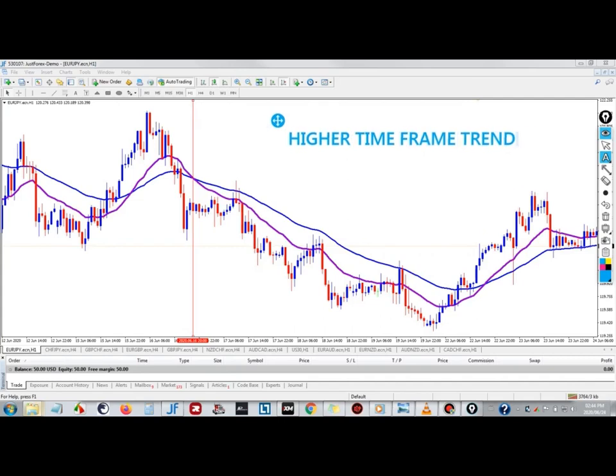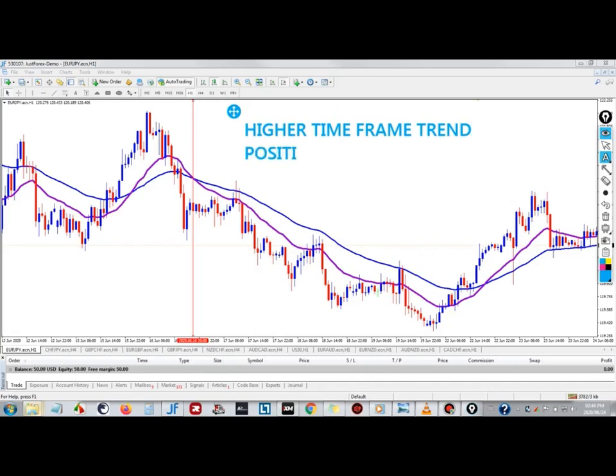You must make sure that you know the higher time frame trend. What else do you want to know? You want to know the position of the EMAs on the time frame above.